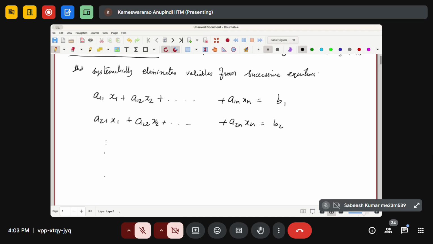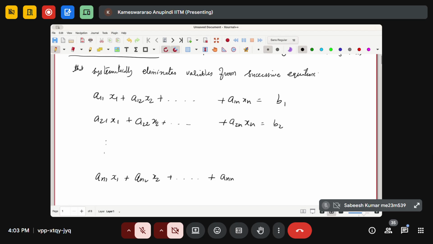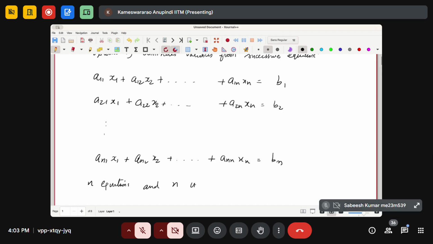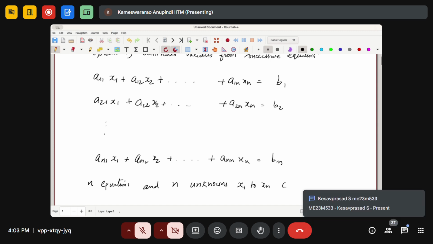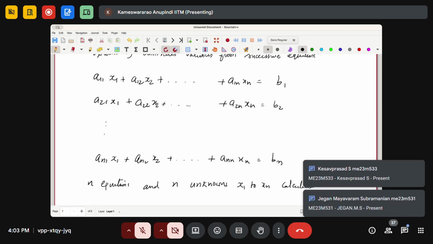If we have n such equations, the last equation is going to read an1 x1, an2 x2, plus and so on, ann xn equals bn. So we have n equations and n unknowns, which are basically x1 to xn that need to be calculated. Right? How do we go about solving this?